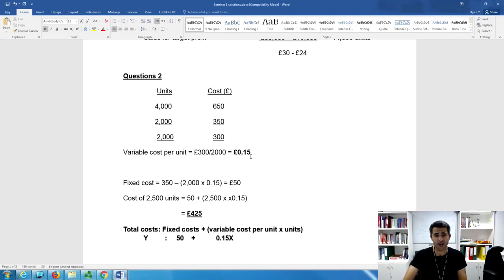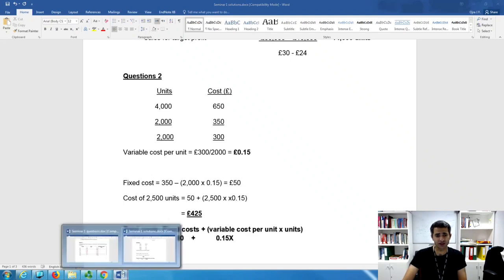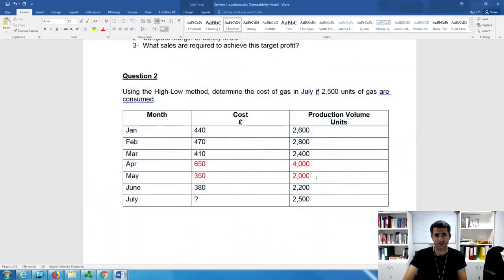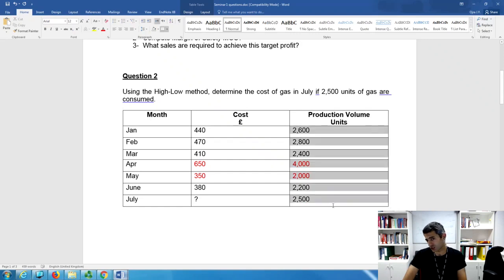So now, once you calculate the variable cost per unit, you need to calculate the fixed cost. Very simple way to calculate the fixed cost: you can take any level of production.